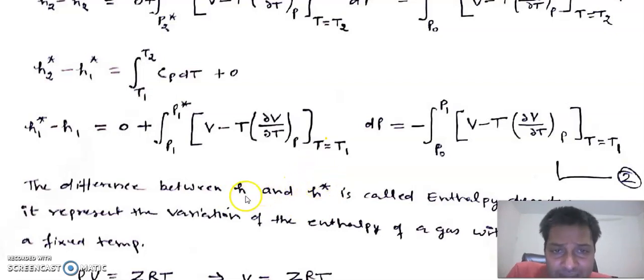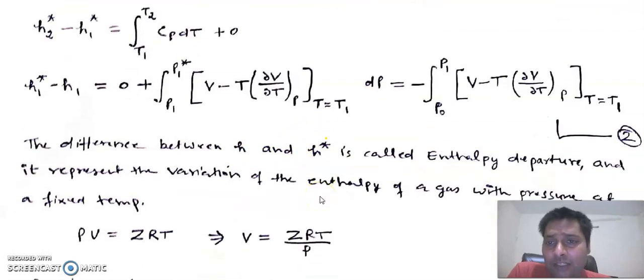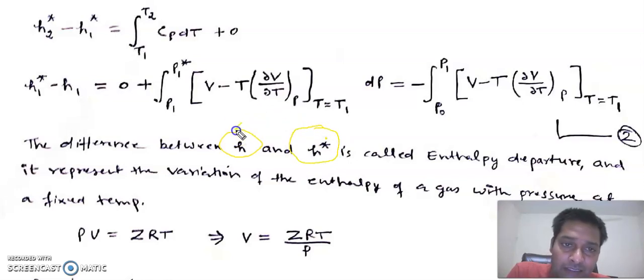So the difference H minus H star will be called enthalpy departure. It means the enthalpy at any pressure minus enthalpy at 0 pressure. Here at any pressure means enthalpy of the real gas, and enthalpy at 0 pressure means enthalpy of an ideal gas. So the enthalpy of an ideal gas minus enthalpy of a real gas is called enthalpy departure.